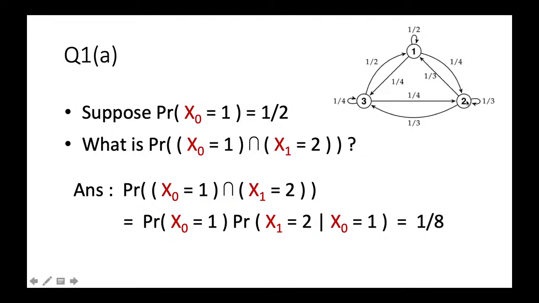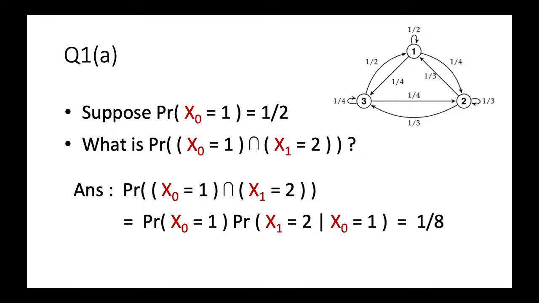By intuition, we have 1/2 chance here initially, and after that we need only 1/4 of this chance to go to state 2. So the answer should be 1/8.